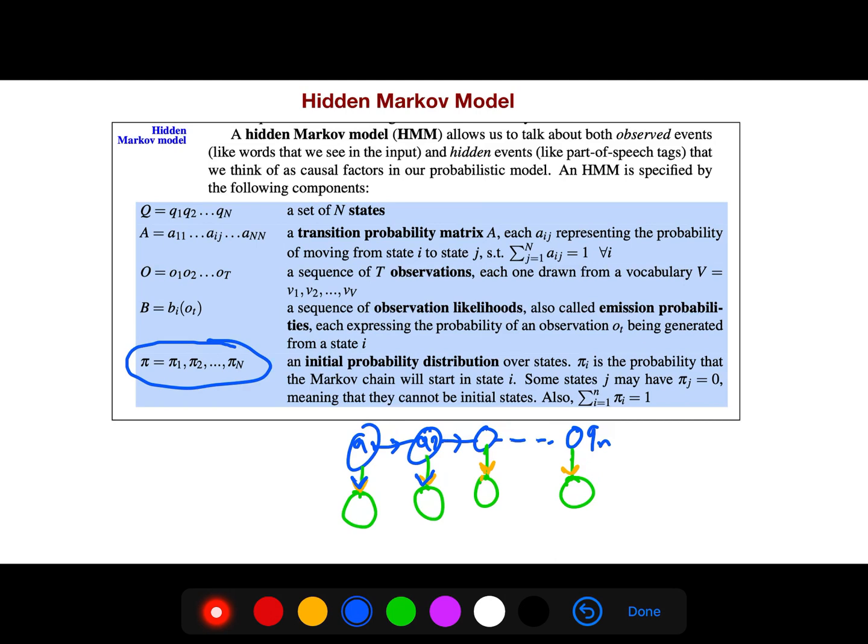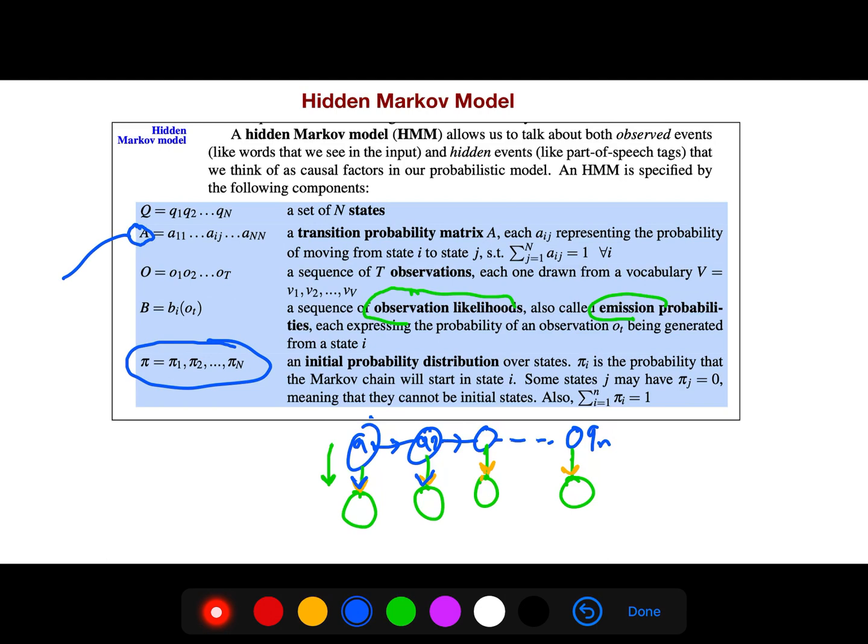And the probability distribution, the initial probability distribution is this. So when we say training, we should learn these transition probabilities, when we go from one state to the other state. And also these green arrows are emission probabilities, sometimes called observation likelihoods.